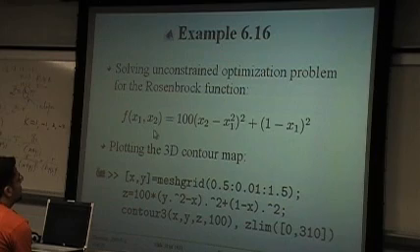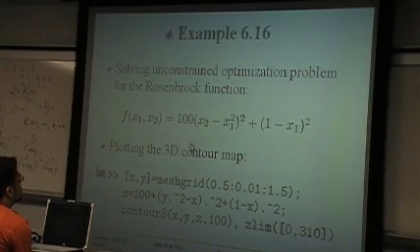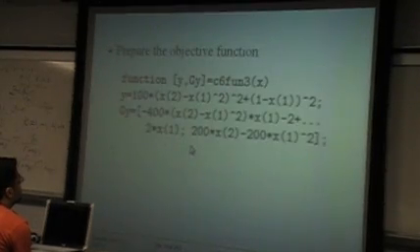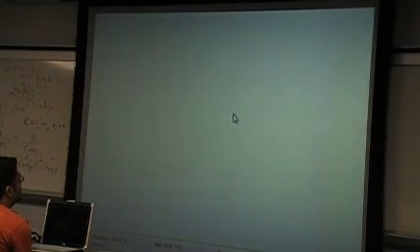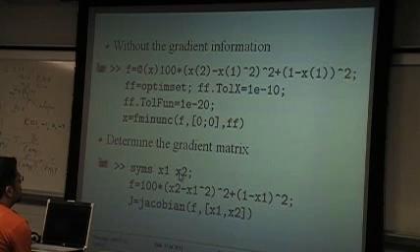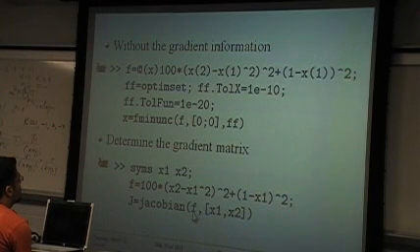We need that information also. So we can find the gradient of the original function easily by symbolic computation like this. That is the Jacobian matrix from f to x1 and x2. We can find the information.